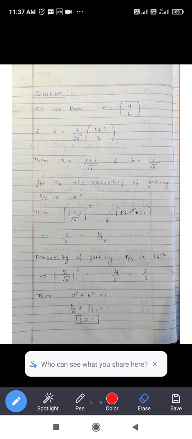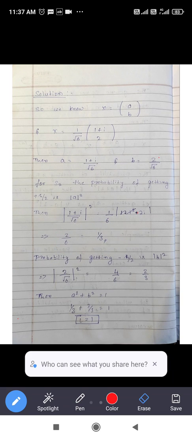So this says the particle is present or not present. Okay, so 2 by 6, we get 1 over 3. 1 over 3 is the probability of getting h cross by 2, or the probability of getting the spin up particle is 1 by 3.